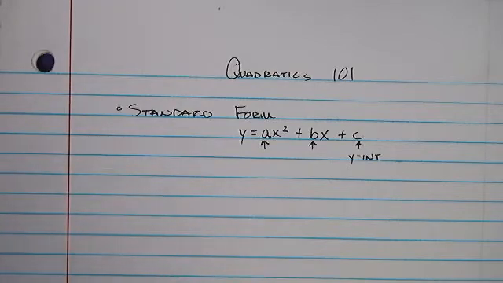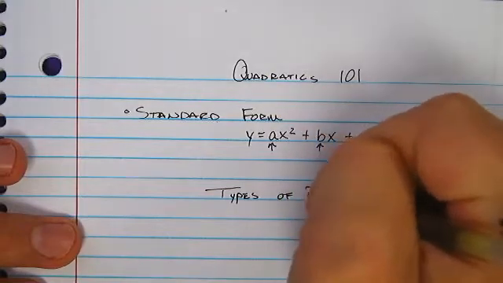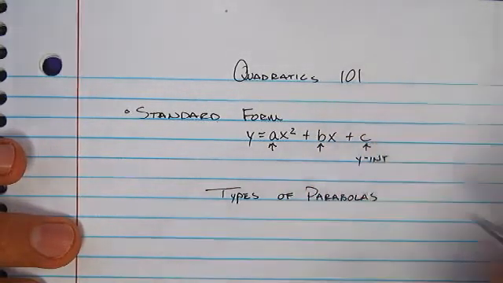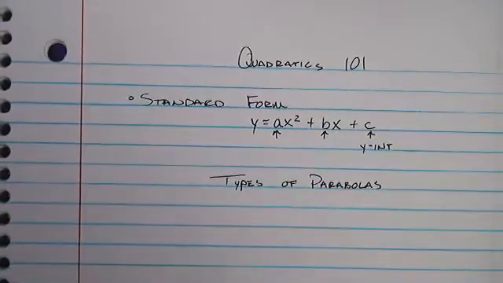Okay. And so we have basically two different types of parabolas. Now, what you'll have to remember is that parabolas are always symmetrical.